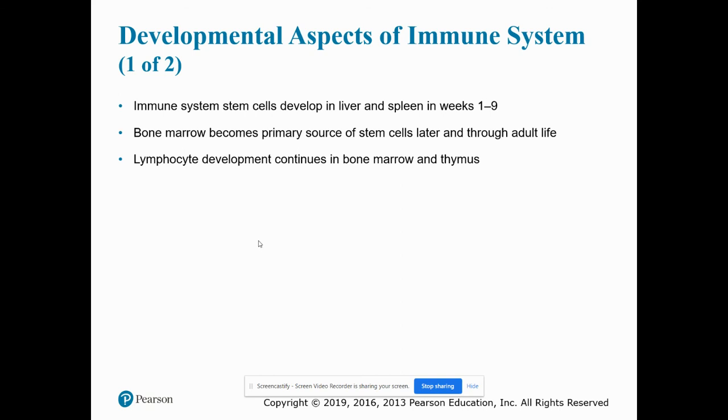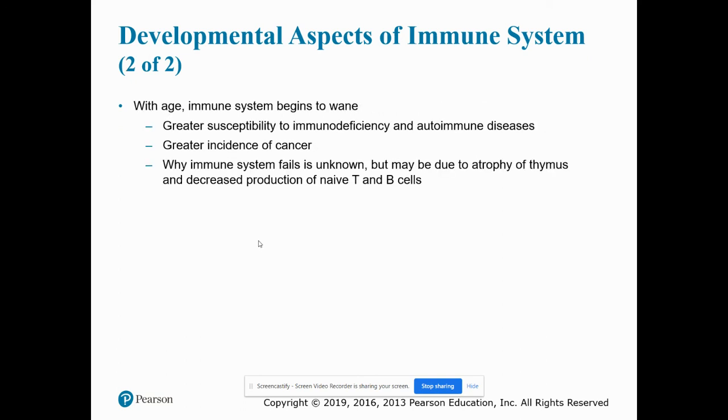So finally, we have developmental aspects of the immune system. Immune system stem cells develop in the liver and spleen in weeks 1 to 9. Bone marrow after that becomes a primary source of stem cells, and then it continues throughout adult life. And lymphocyte development continues in bone marrow and thymus.